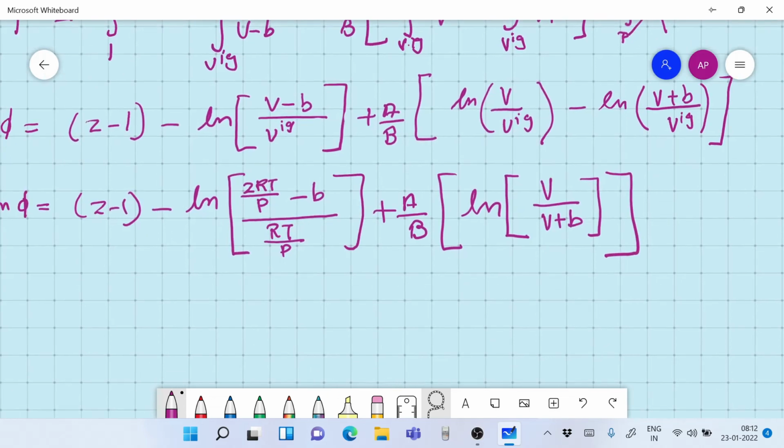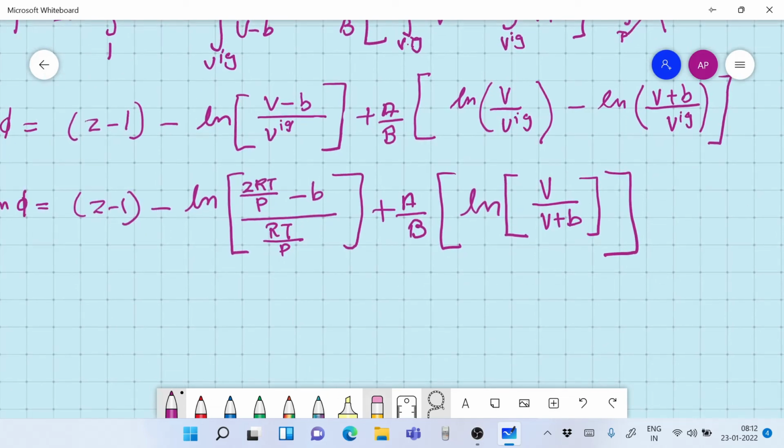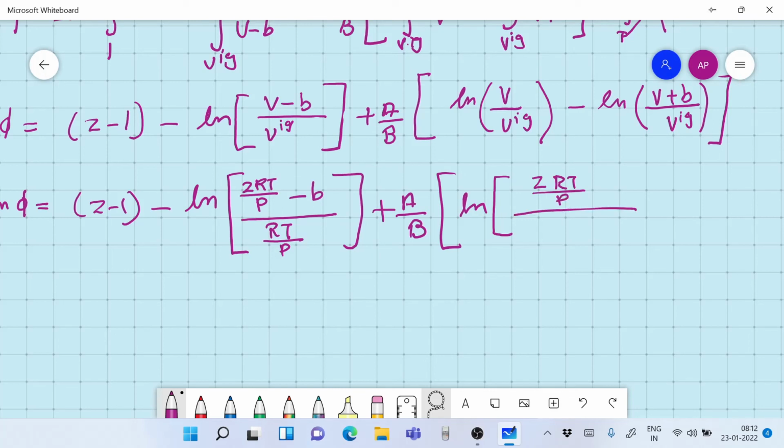And this v over v plus b can be written as ln of v, which can be written as zRT by p, over zRT by p plus b.